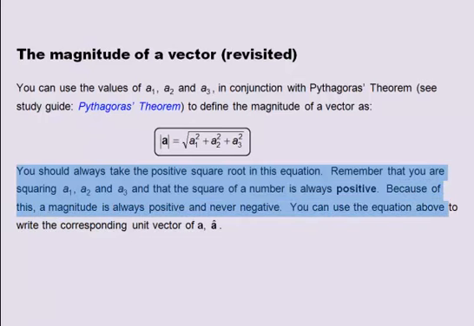You can use the equation above to write the corresponding unit vector of A, which is A hat.